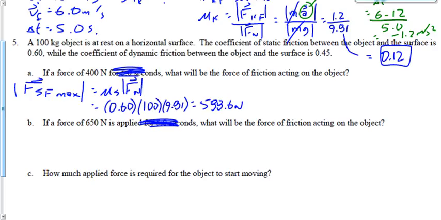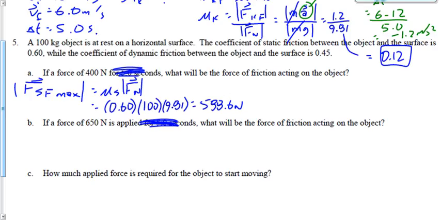So that's how much friction will respond. I mean, think about this, right? We said static friction pushes as hard as it needs to counter my applied force, unless we exceed the maximum possible force. The maximum possible force is 588. That means that friction can push all the way up to 588 to counter my force.